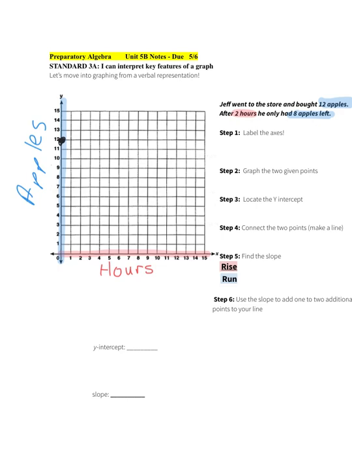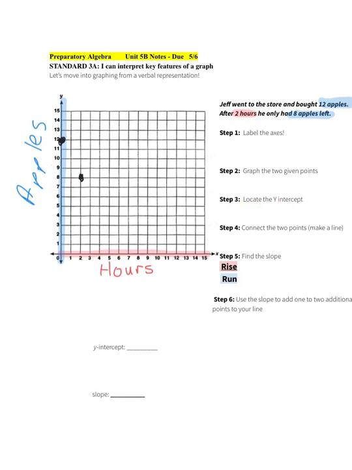After 2 hours, he had only 8 apples left. So 2 hours, I locate my hours on my x-axis, 2, and then I go up to the point 8. So my next point would be right here, because after 2 hours, 8 apples. Okay, I've done step 2. I've graphed my two given points.